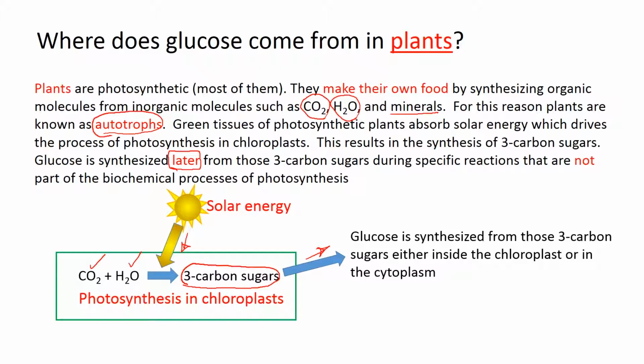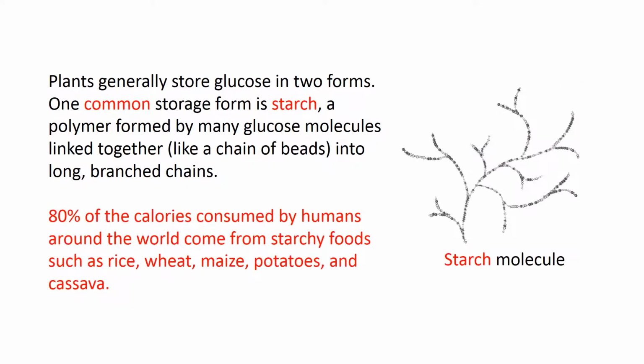So outside of the process of photosynthesis, glucose is synthesized from those 3 carbon sugars. And that can happen either inside the chloroplast or in the cytoplasm. Now, after synthesizing glucose, plants can store it in several forms, but the 2 major storage forms are starch and sucrose.